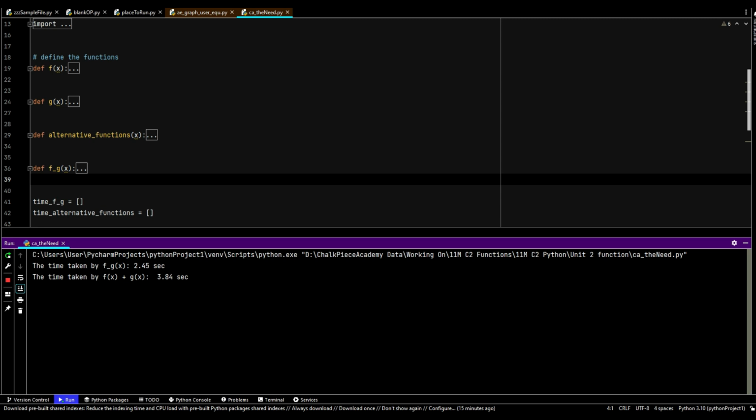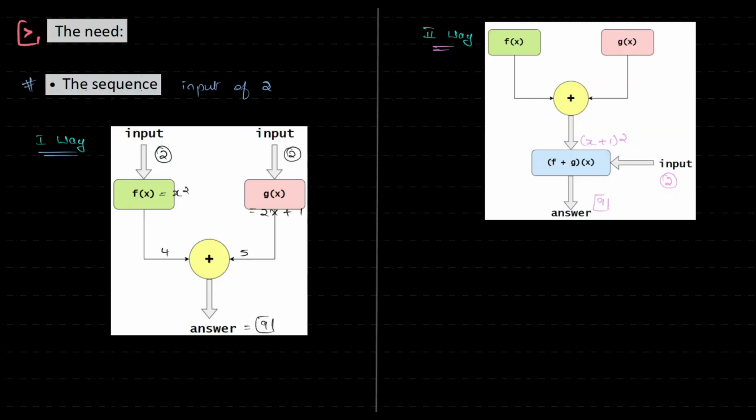While doing the first way, that is finding the output for the individual functions and then adding up, it took around 3.84 seconds. So there's a difference of 1.29 seconds. There's a time difference, is it not? Huge difference. And that's why we learn this.